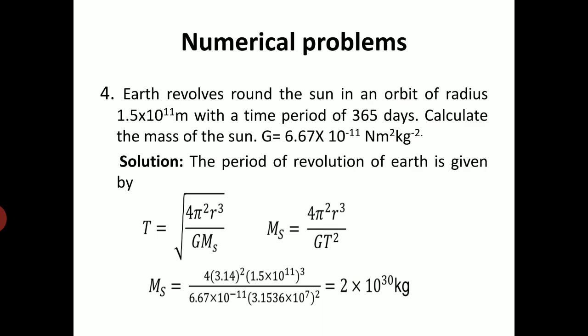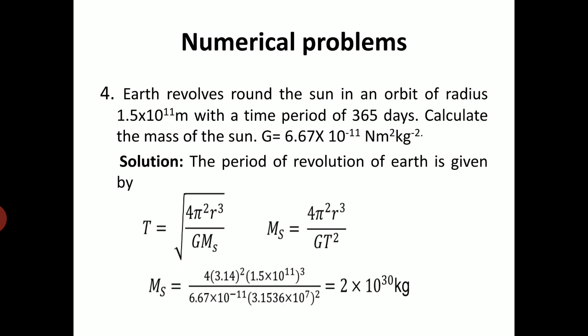If we substitute the value of pi 3.14, small r that is 1.5 into 10 to the power of 11, and capital G value 6.67 into 10 to the power of minus 11, and the T value, 365 days multiplied by 24 into 60 into 60, converted into seconds, we get 3.1536 into 10 to the power of 7.